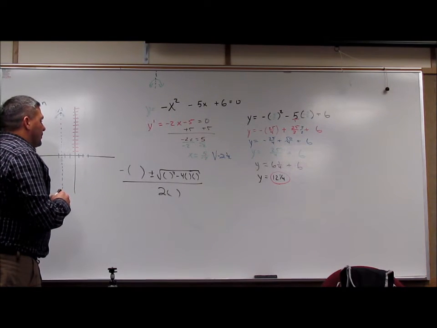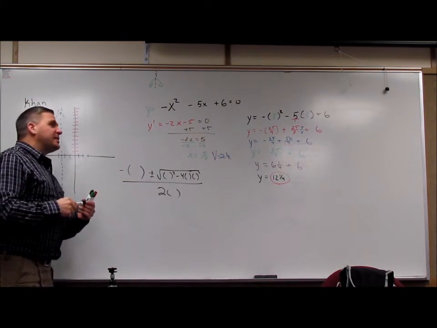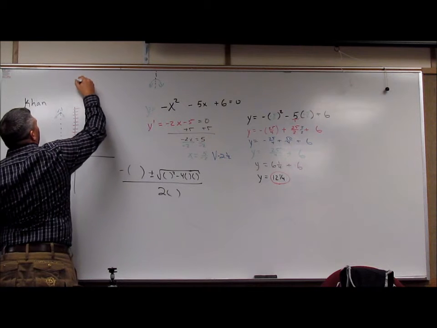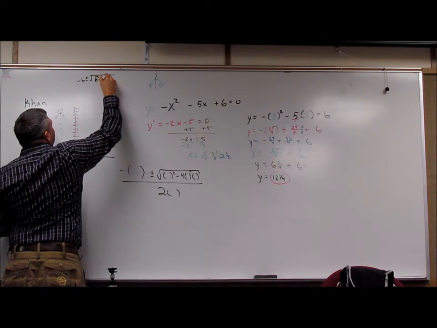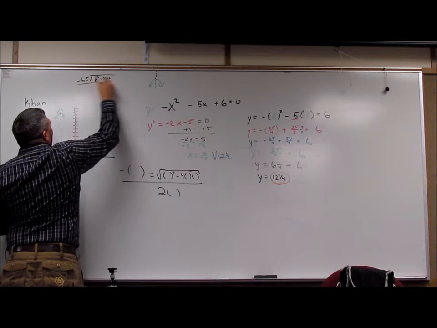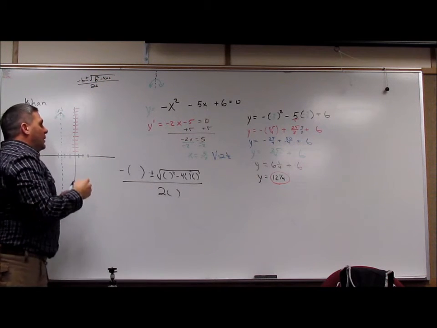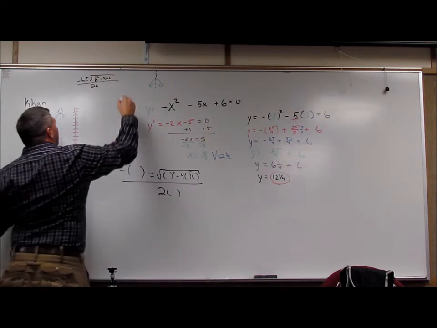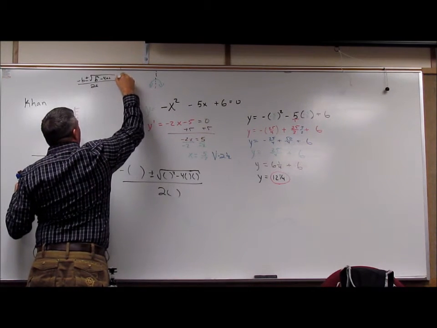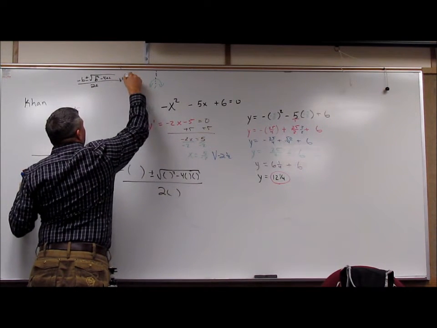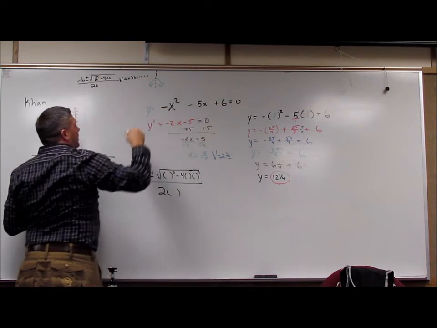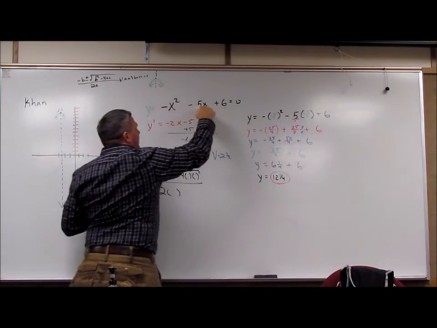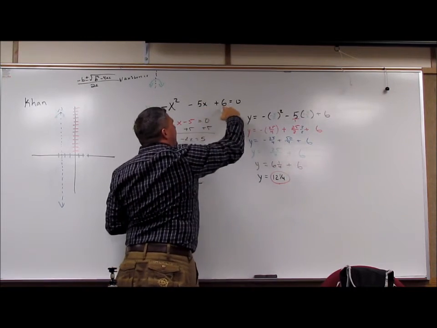And that's that whole quadratic formula, negative b plus or minus the square root of b squared minus 4ac all over 2a, right? If and only if ax squared plus bx plus c is equal to 0.